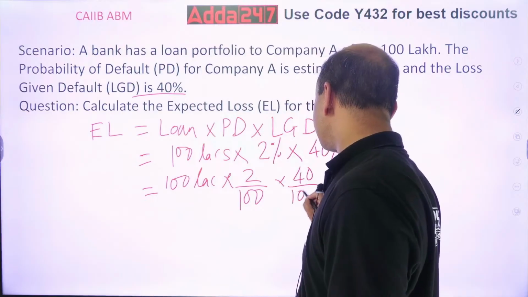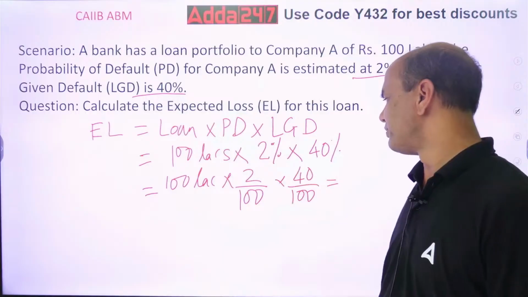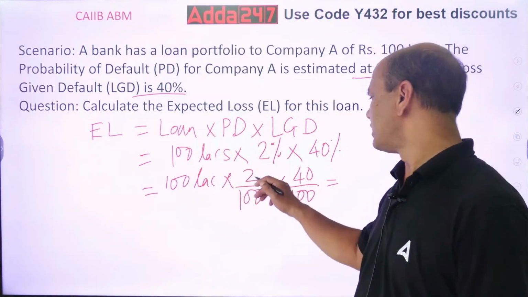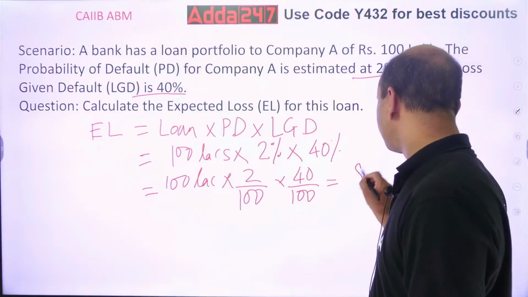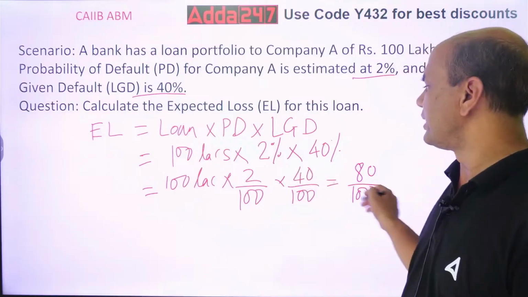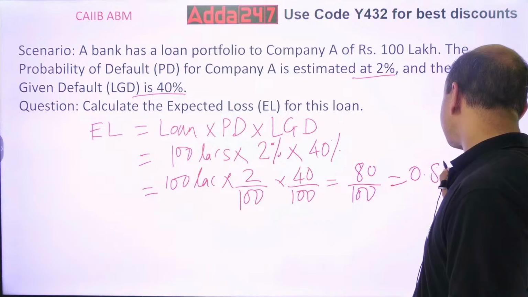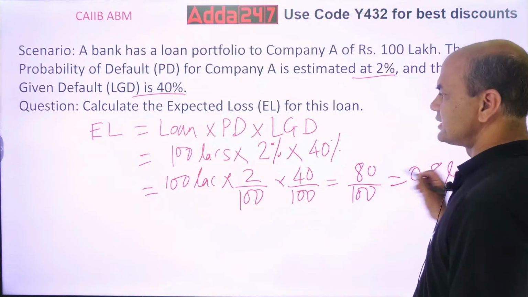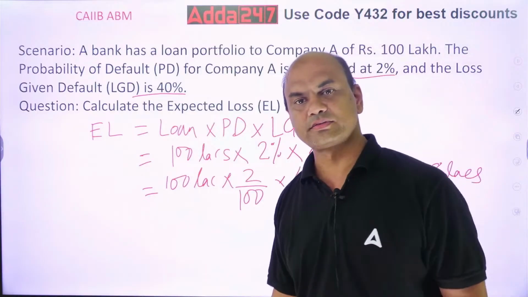See, the upon 100 creates a lot of difference. So calculate it now. 100 gone, 4 into 2 is 8, so 80 upon 100. This is right. So it is equal to 0.8 lakhs. This is in lakhs. So the expected loss is 0.8 lakhs.